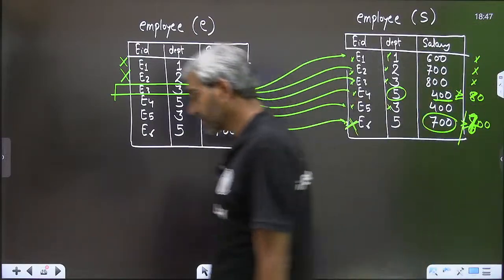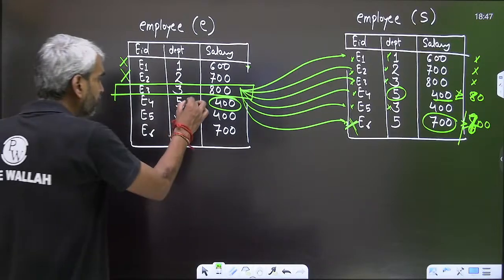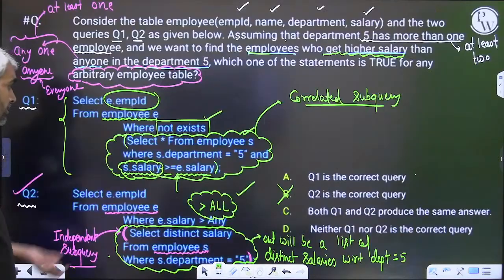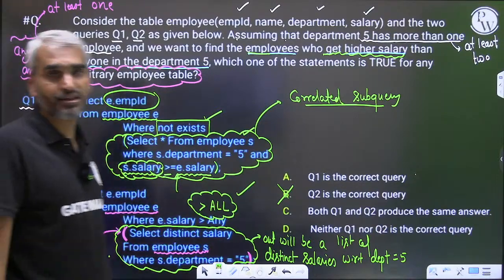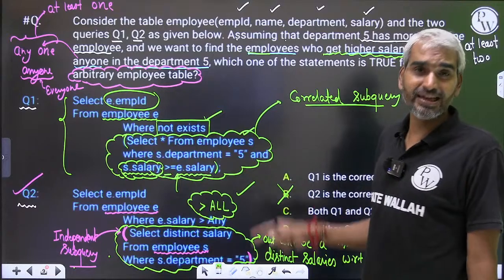Therefore, exists will return true, but not exists will return false, and no employee of department 5 can ever be selected because of this first query. Therefore, the first query will do exactly what is required.